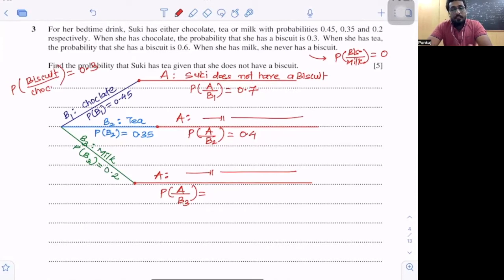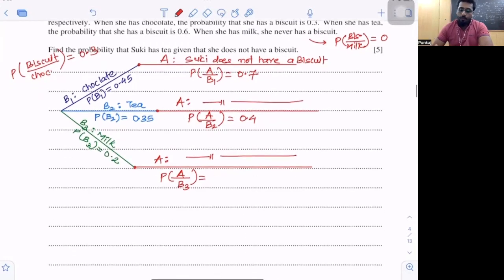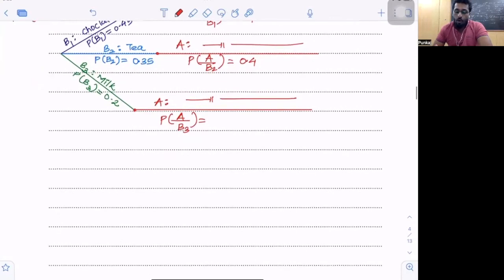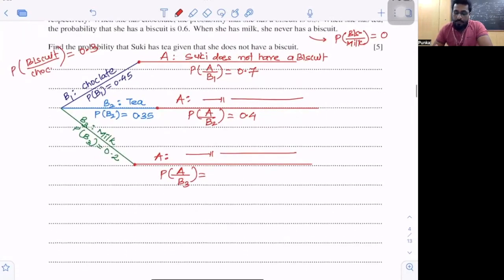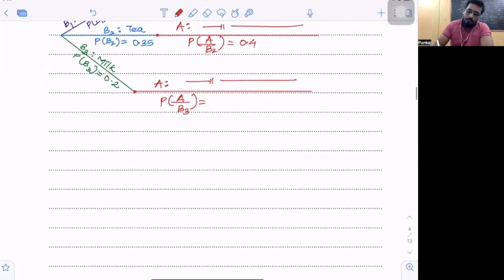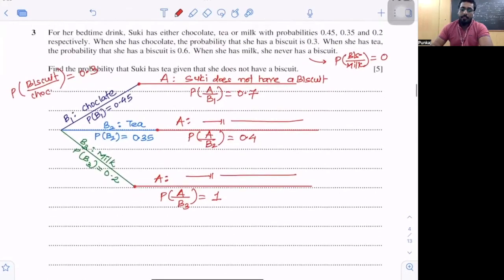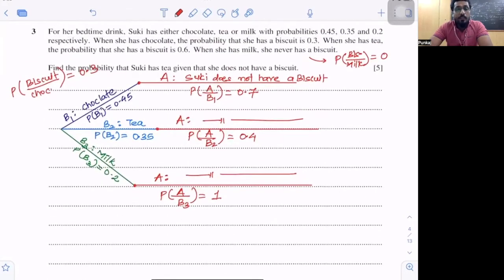Having a biscuit is 0 because she never has a biscuit. So probability of A under B3, she does not have a biscuit, is 1, right? Having a biscuit is 0, not having a biscuit is going to be 1. So that's how the probability tree diagram is going to look like.